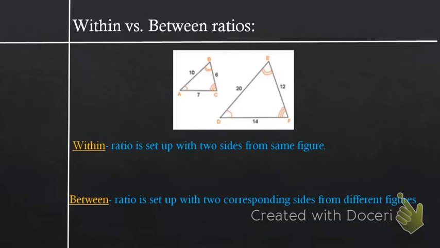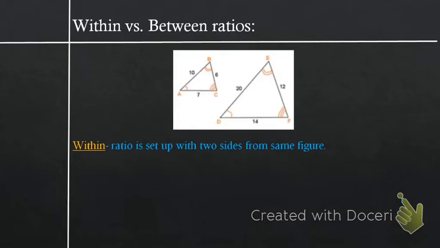Okay, let me backtrack. I'm going to show you an example of the within first. Within says a ratio is set up with two sides of the same figure. So I'm going to look at our smaller triangle first.